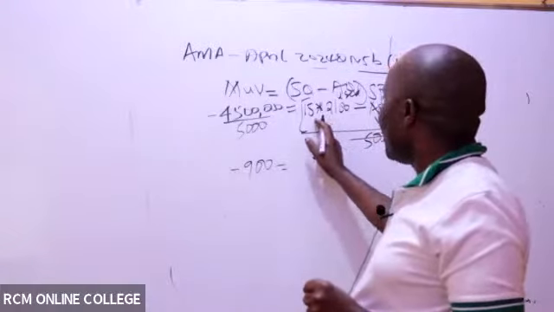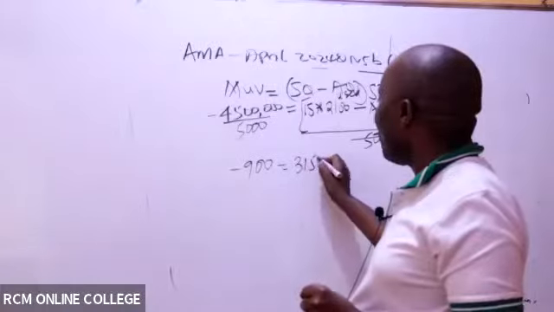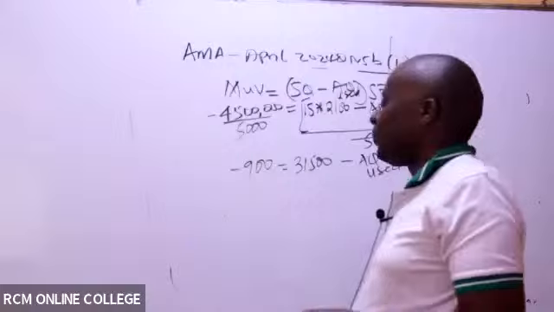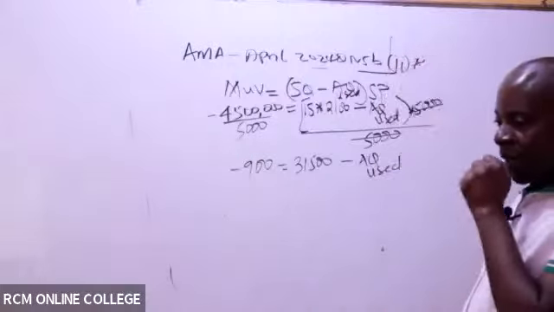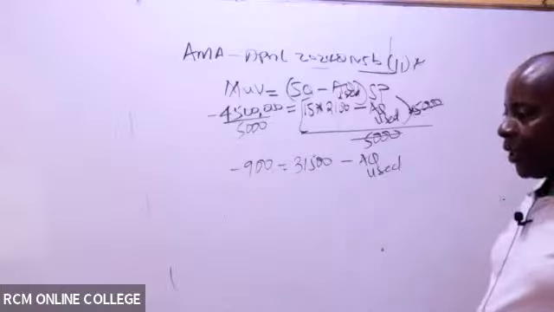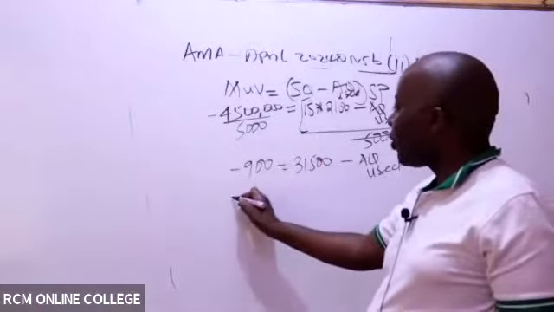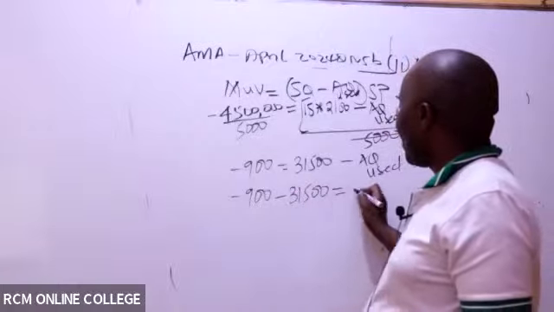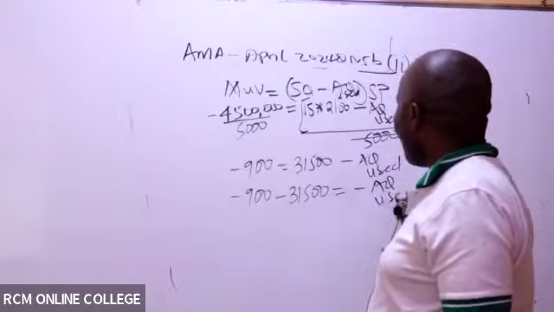Equals 31,500 minus actual quantity that was used. So then you take this to the other side. It will be minus 900 minus 31,500 equals minus AQ used.